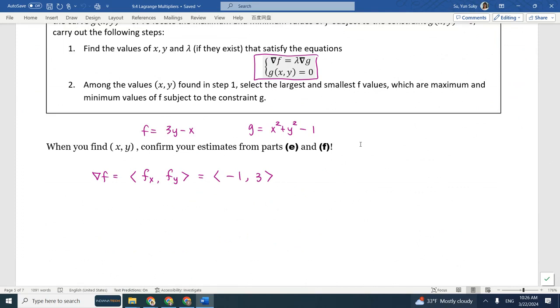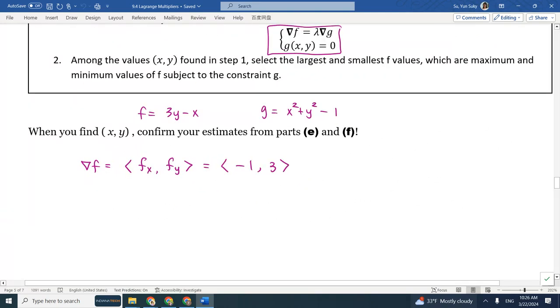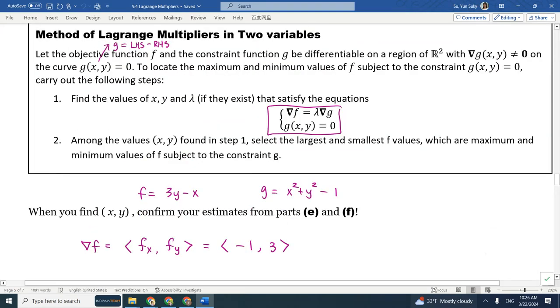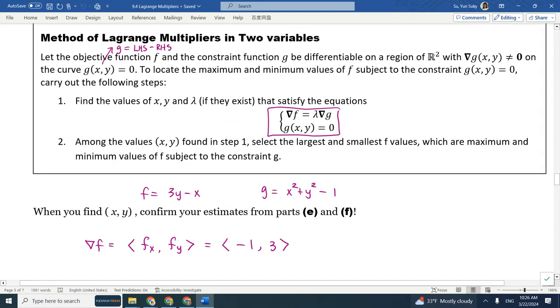So we have our function 3y minus x. That's the f. And the constraint g, I told you, you use the left-hand side minus the right-hand side, because it's x squared plus y squared equals 1. So your left-hand side is x squared plus y squared, and your right-hand side is 1.